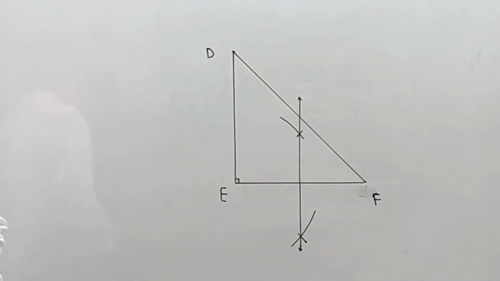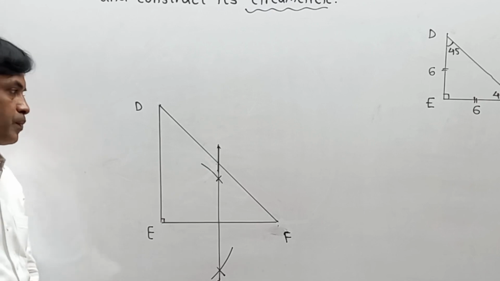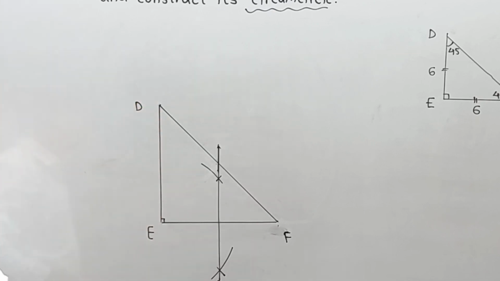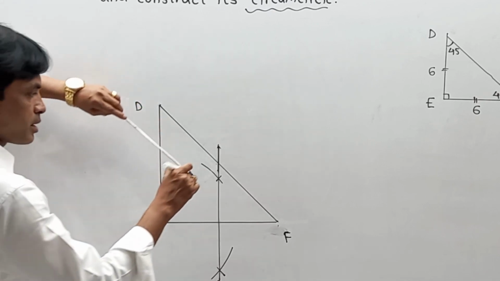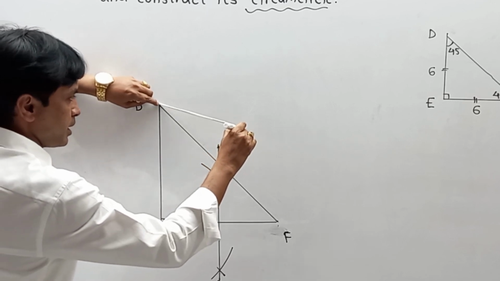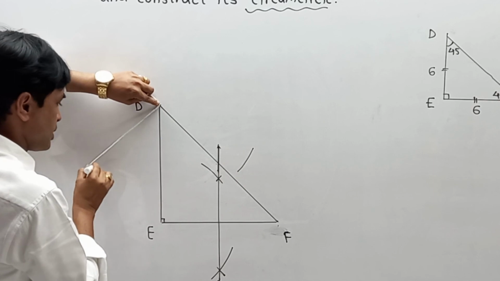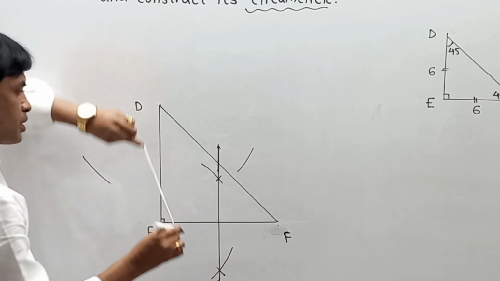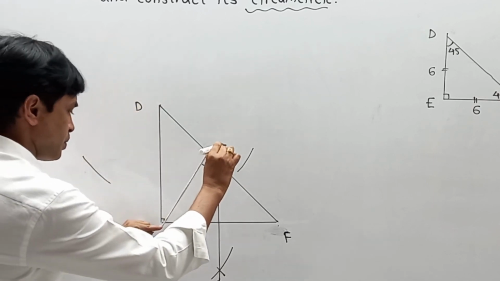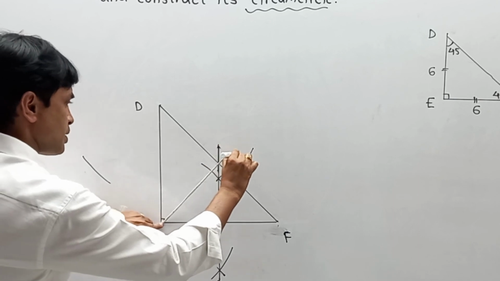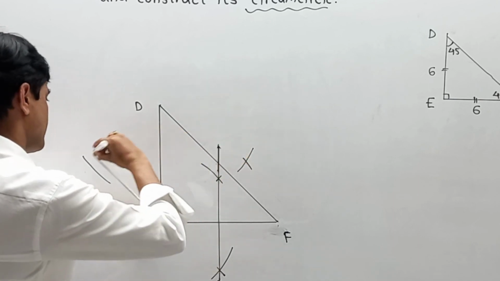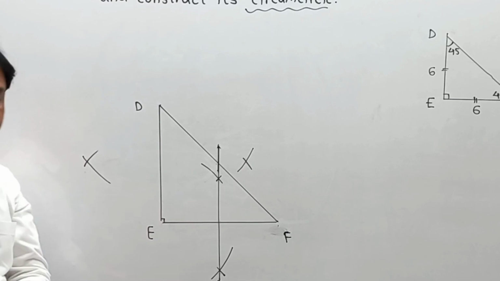Now for the second side, that is DE, I am going to draw its perpendicular bisector. Taking a distance more than half, first arc is over here, second arc is over here. Now keeping the same distance, first arc is over here, second arc is over here.